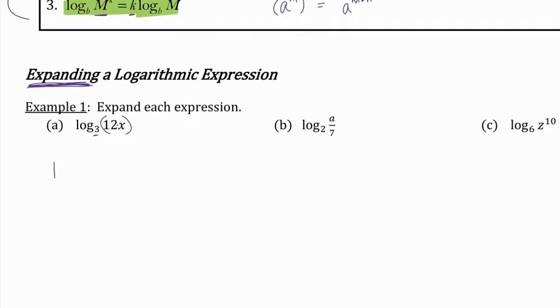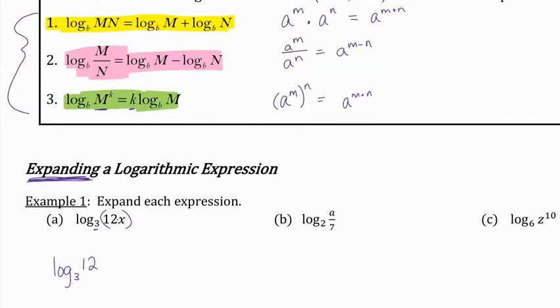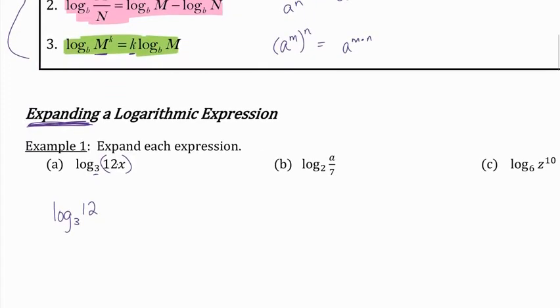I'm going to rewrite this as log base 3, that base stays the same, of 12, and then my multiplication can separate into addition. So I'm going to add log base 3 of x. I took the 12 times x and separated it into two logarithms. So I get log base 3 of 12 plus log base 3 of x. Okay, so you can expand a logarithm.